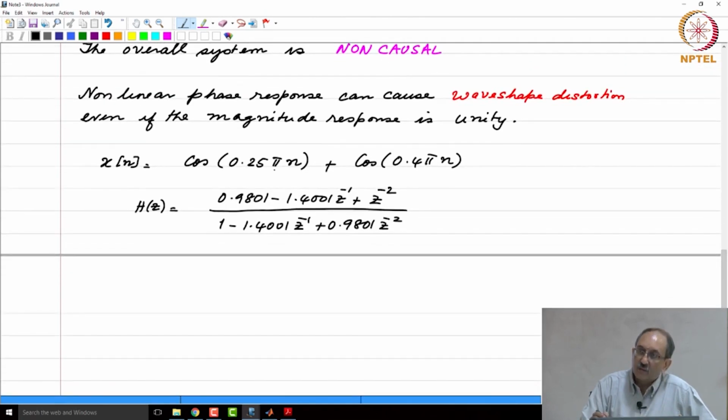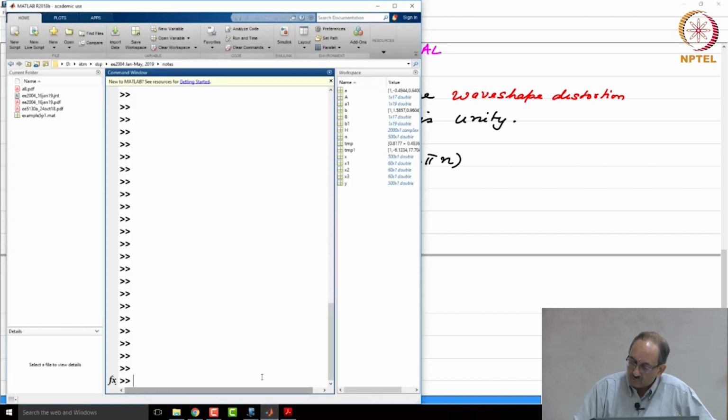Now, if I take this signal and pass it through this all pass filter, if you look at the input wave shape and the output wave shape, even though the frequency response magnitude is unity, because the phase response is nonlinear, this will cause distortion in the output, and the output wave shape will not be the same as the input wave shape. So, let us look at this in MATLAB.